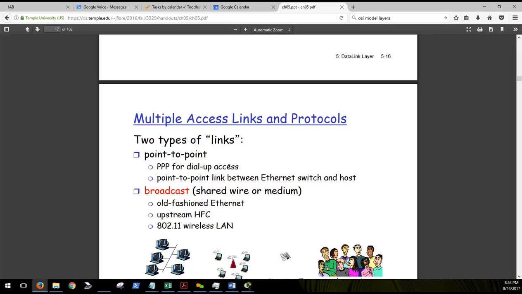Also, upstream HFC, as well as 802.11 wireless LANs.